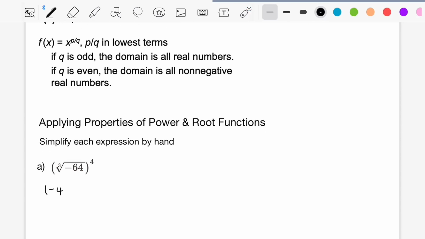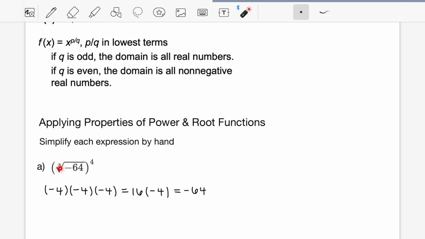Notice that negative 4 times negative 4 times negative 4 gives us 16 times negative 4, so we get negative 64. So inside these parentheses, this tells us that the third root of negative 64 is going to be negative 4. So inside our parentheses, we have negative 4, and we still have that this is to the fourth power.